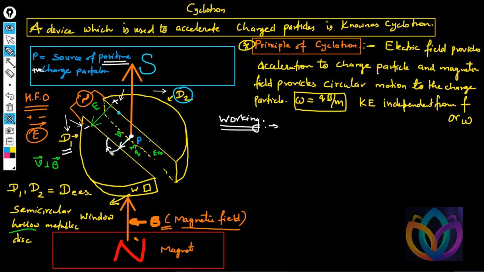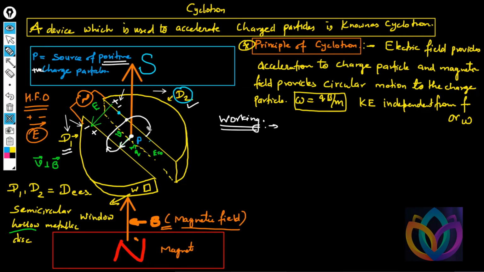After half rotation, the polarity of D1 and D2 gets reversed. D2 will become negatively charged, D1 will become positively charged. Again, the charged particle is positive, so it will be accelerated towards D2. Once it has entered inside D2, the electric field is absent there, only the magnetic field is there, so it will follow a circular path.